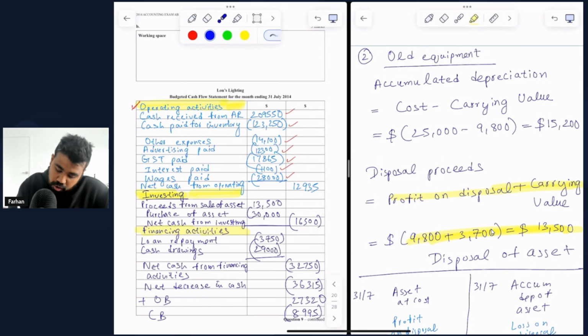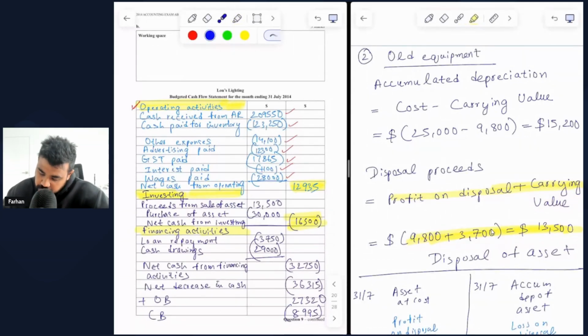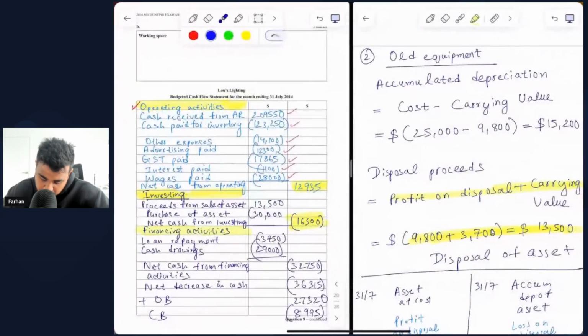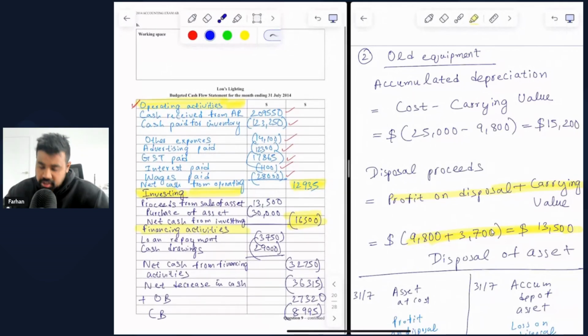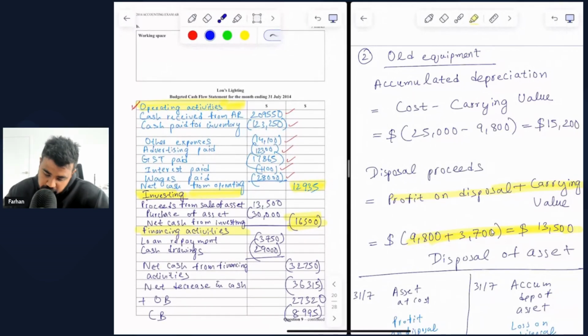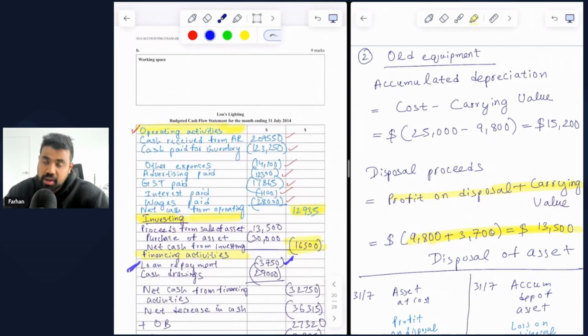Okay, so we have the total for operating and we have the total for investing. Next, we start with the financing activities section. For the financing activities section, there were only two items which we already had discussed. Loan repayment of 3,750, which is shown in negative, obviously because we're repaying it, and this refers to a cash outflow.